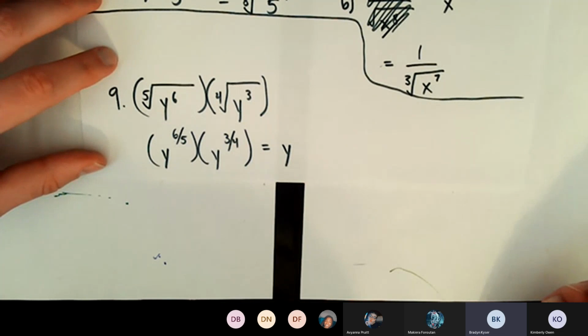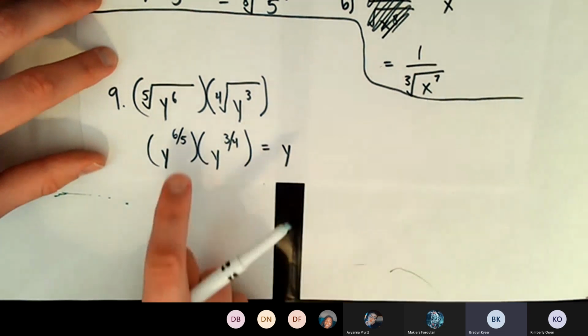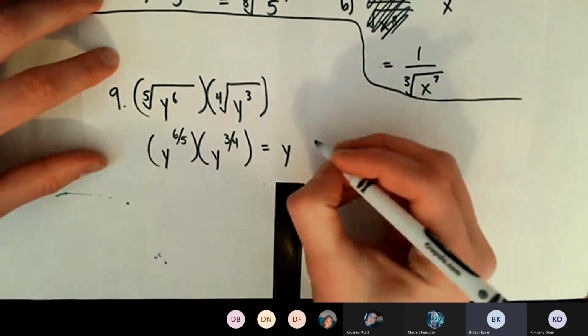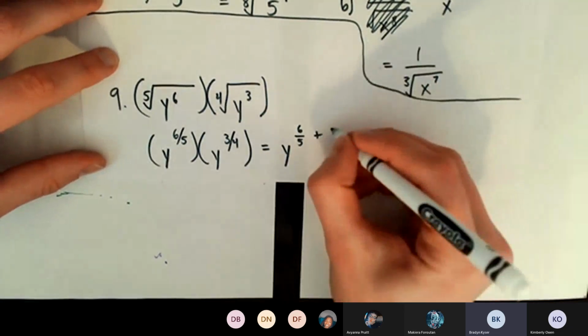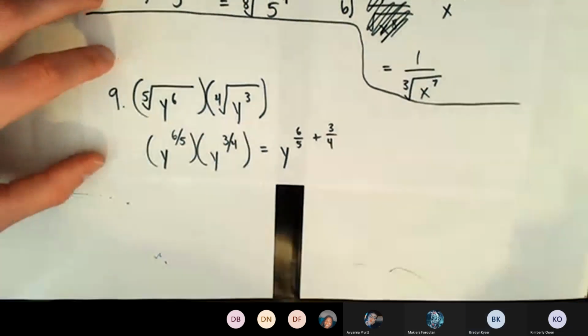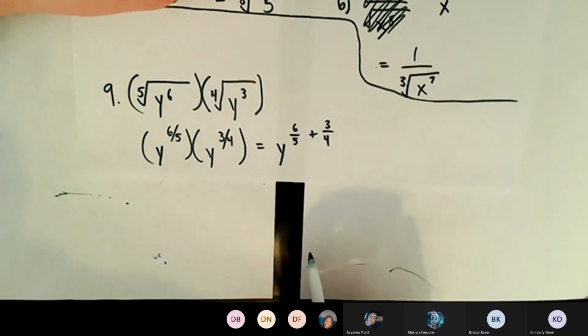You can just use it as they're the same, so you can do 6/5 and 3/4. And what do we do with 6/5? What operation do we use to connect those two? We use addition. Yeah. So that's how we connect them. So we say 6/5 plus 3/4.